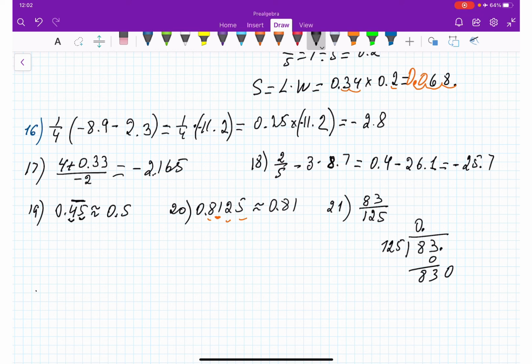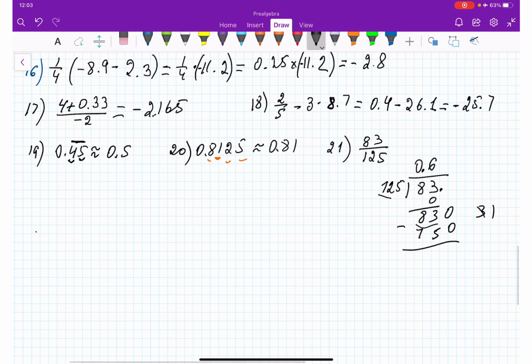So I'm taking 83 divided by 12. How many times? 6 times. 6 times 12 is 72. 6 times 5 is 30, 3 in mind. 6 times 2 is 12, and 3 is 15, 1 in mind. 6 times 1 is 6, and 1, 7.